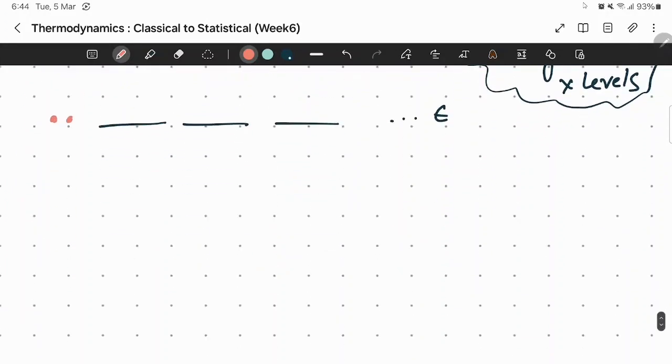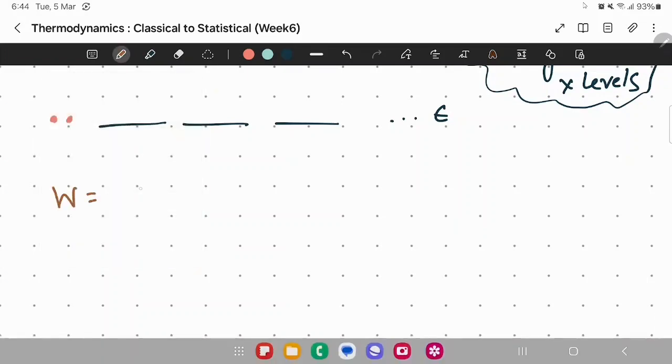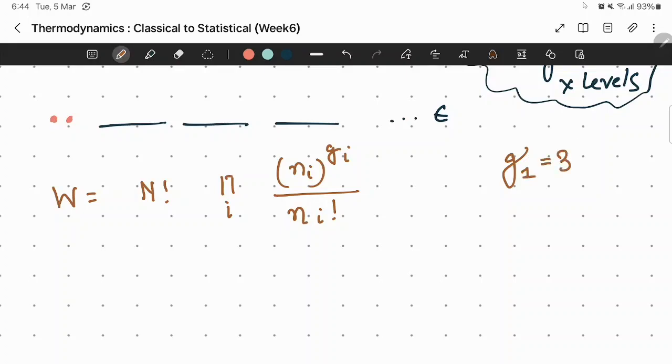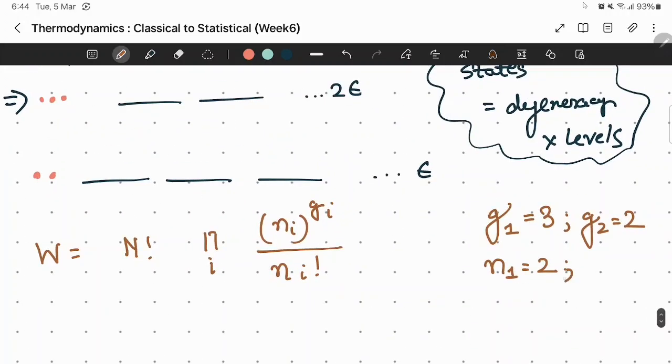So now we have to use the formula directly. W will be N factorial times the product of gi to the power ni divided by ni factorial. For g1 it is 3, and g2 it is 2. We have to keep 2 particles here and 3 particles there.